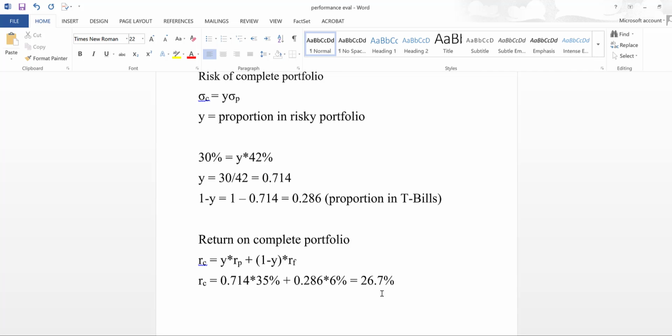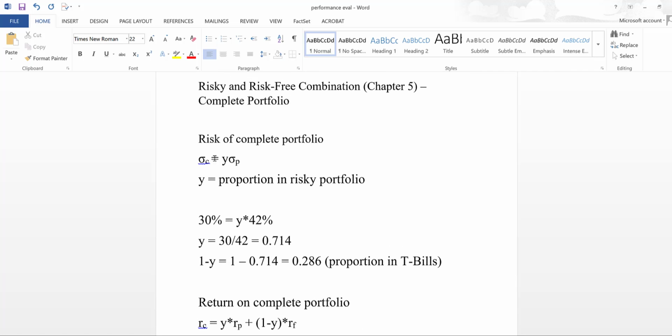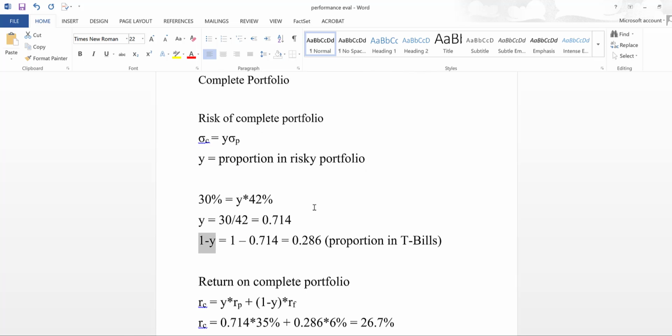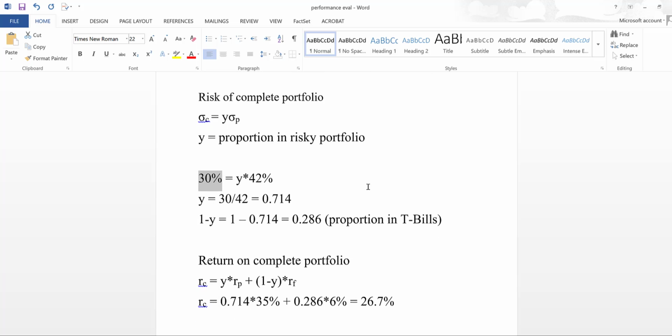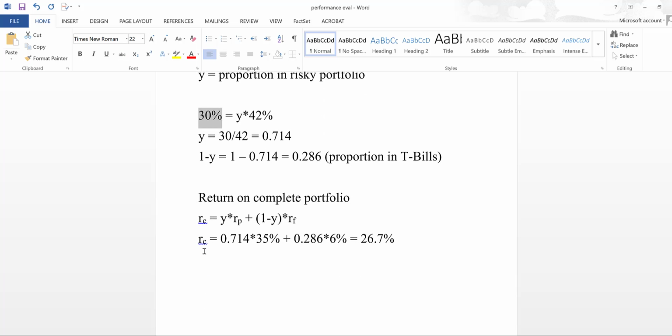So the first step here was to find the weights, y and 1 minus y. The weights should be such that the combination gives us a sigma of 30%. Once we have determined the weights, we know that the risk of this combination is the same as that of the benchmark. Then we can compute the return on this combination and compare that with the benchmark.